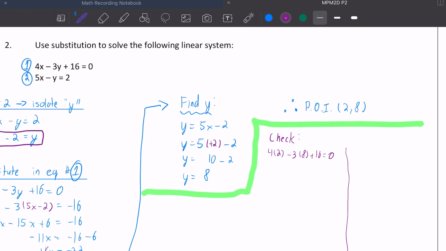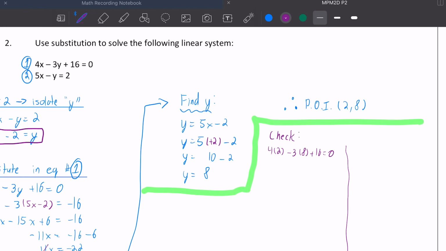So this is our equation 1, and I just put our values for x and 8 in the respective x and y places. As we multiply it out, minus 24 plus 16 equals 0. If we add that out, we're going to notice it's 0 and 0. So that's good. Check mark.